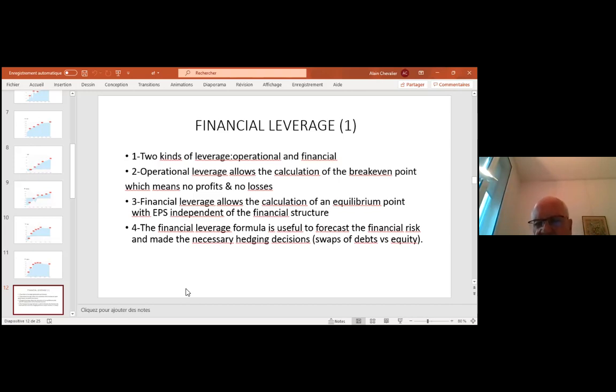But remember that risk is not only a negative element, it could be positive or negative, it is a symmetric concept. When you have high fixed costs, you have a risk of losses, but you also have a symmetric risk, which is to have very high returns.